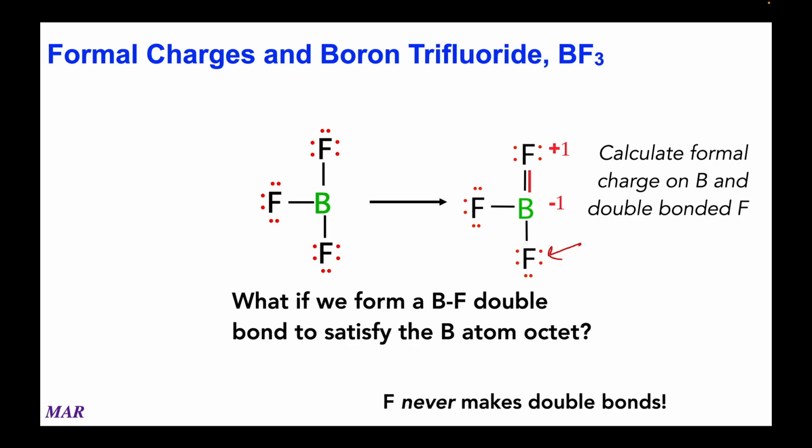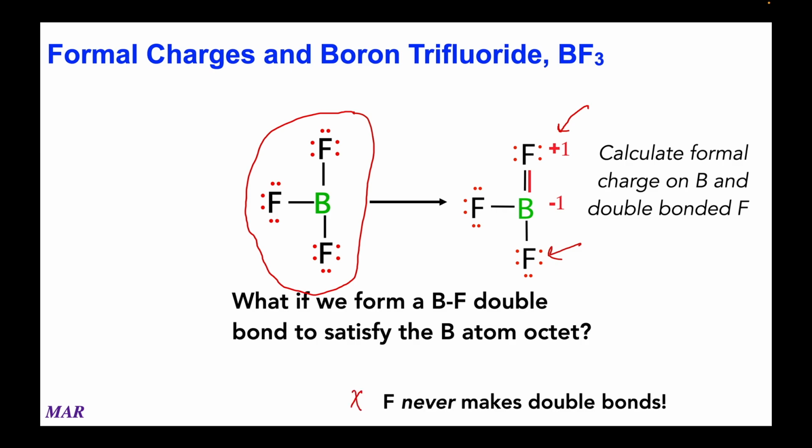But if you start sharing electrons with fluorine, fluorine ends up with a +1, and then the boron, which is group 3, ends up with a -1 formal charge. So you start having weird formal charges when you start sharing electrons. That's why boron, aluminum, gallium, they're totally happy being just less than an octet. They have 0 formal charges.